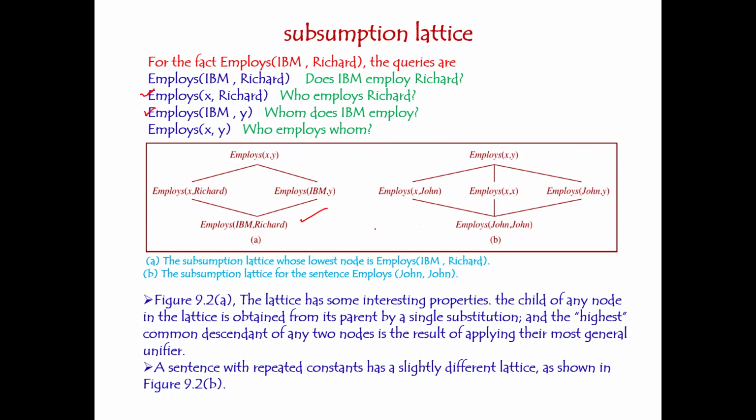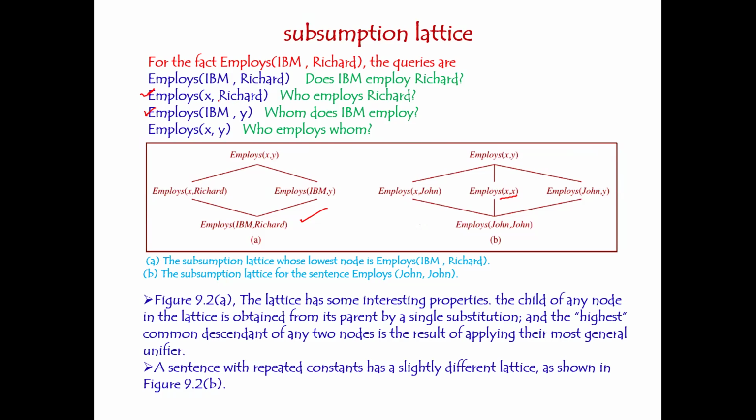In the next case, you might have a question like employees of X comma Y. This in turn may result in the form employees of X comma X, when both employee and employer are the same. For example, once again from the knowledge base I am taking employees of X comma John.